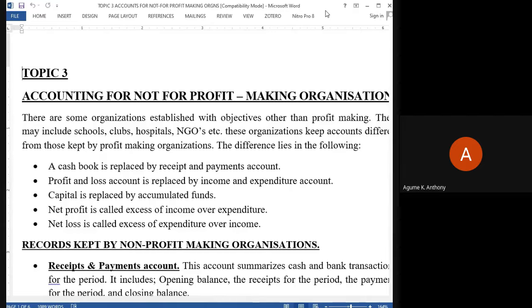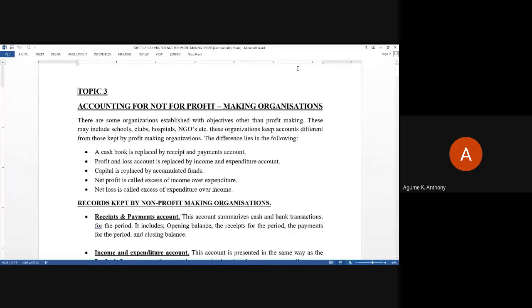Our session today is going to focus on accounting for not-for-profit making organizations. When we talk of not-for-profit making organizations, these are organizations established with objectives other than making profits.